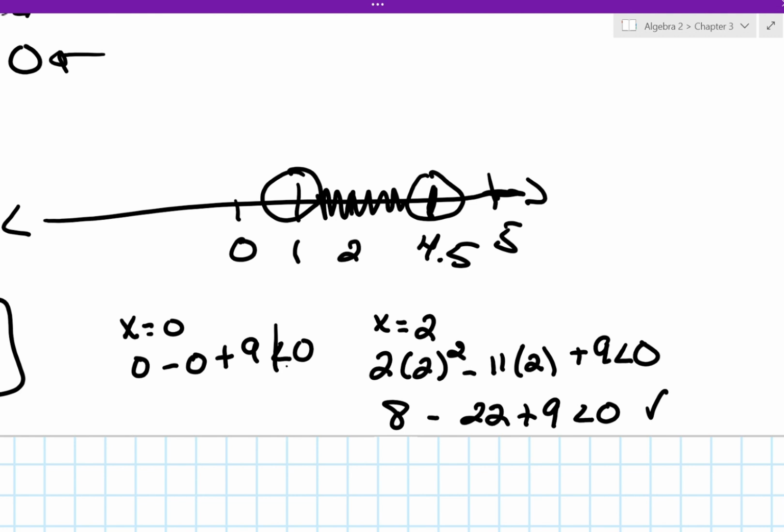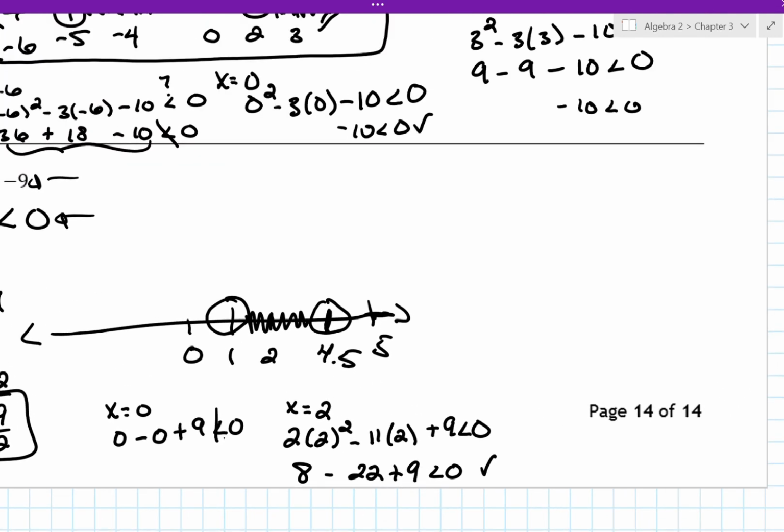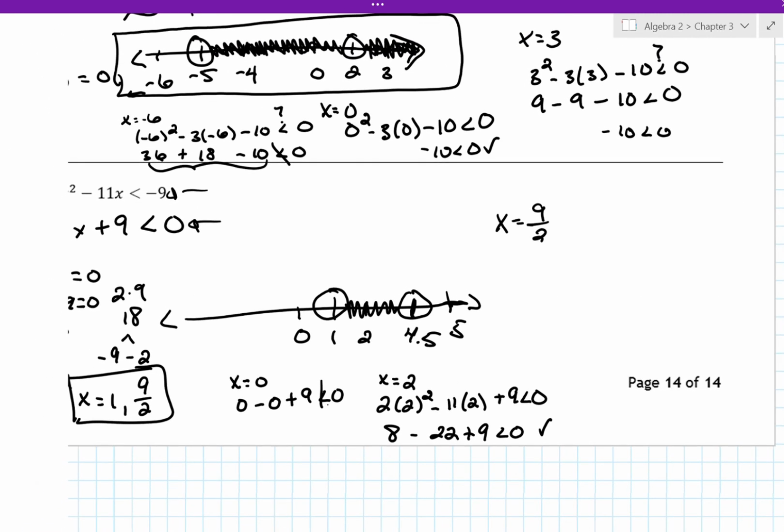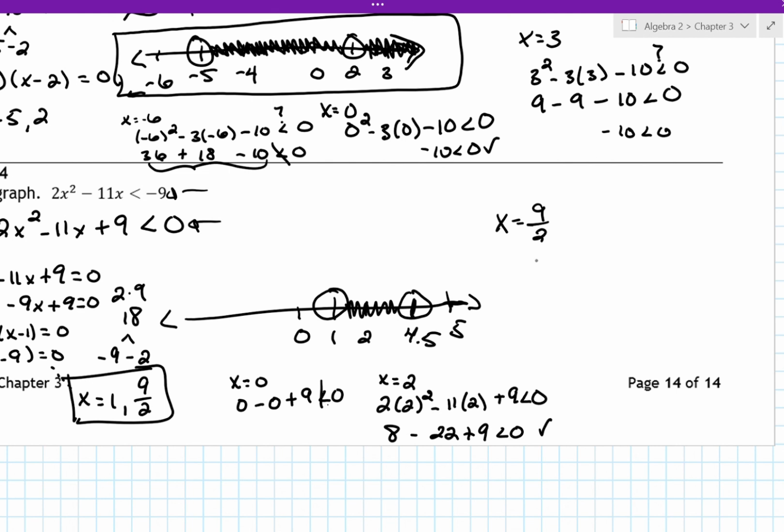Lastly, I'll try out the 9 halves. X equals 9 halves. And that's going to be, let me get my original equation on my screen, 2 times 9 halves squared minus 11 times 9 halves plus 9 is less than 0. And we want to know, is that true? 2 times 9 halves squared is going to be 81 halves, I guess.